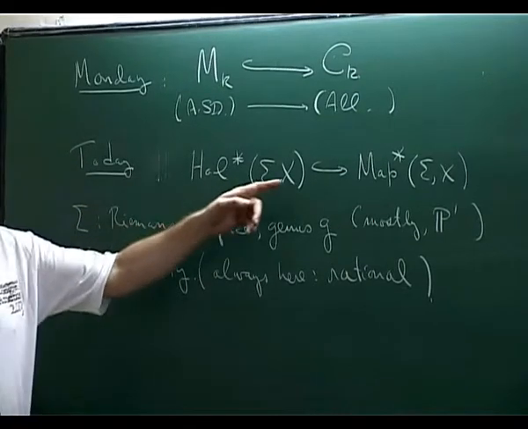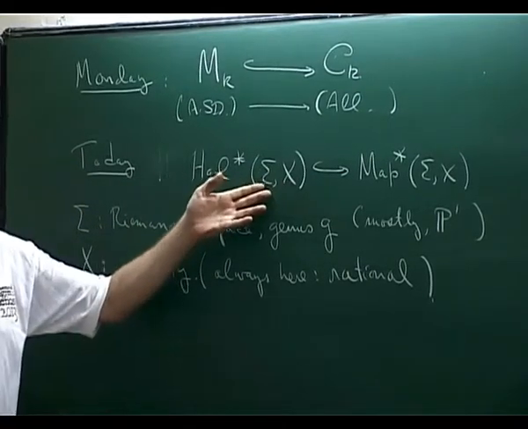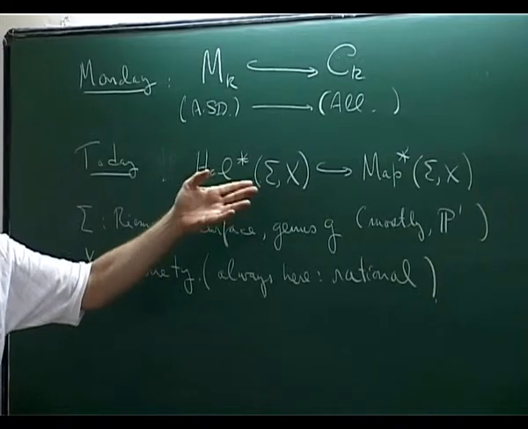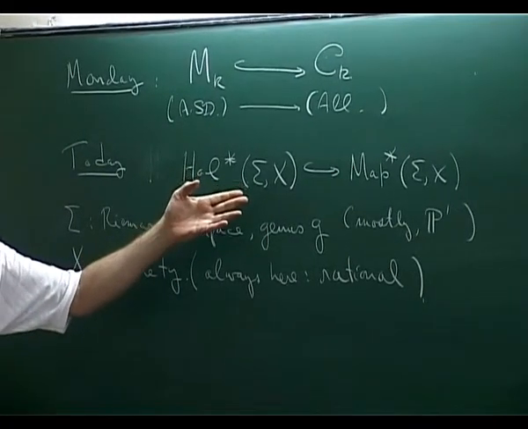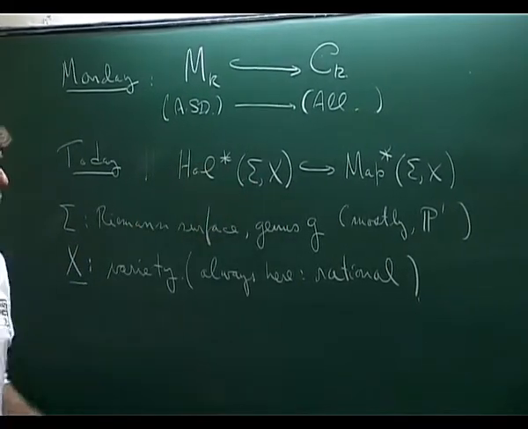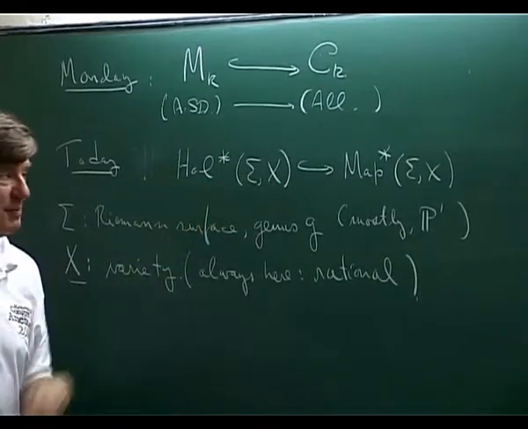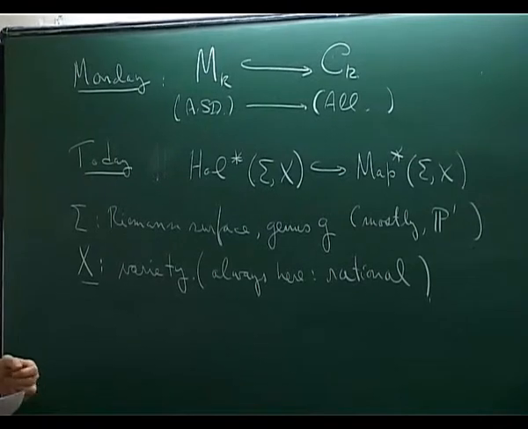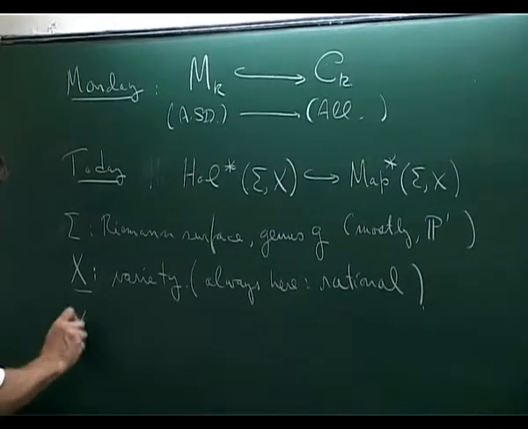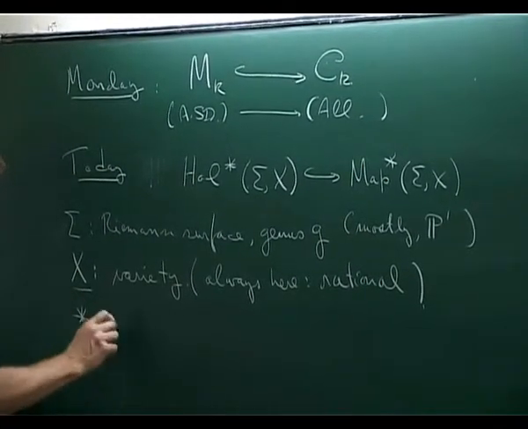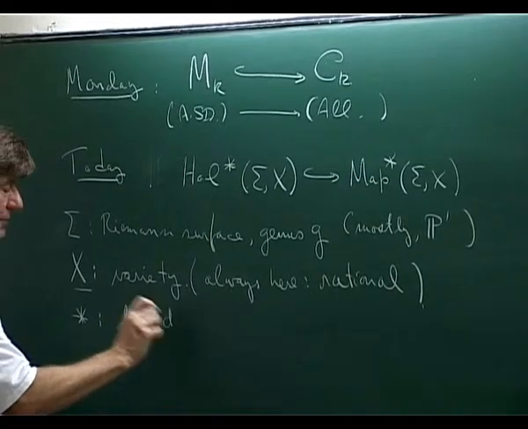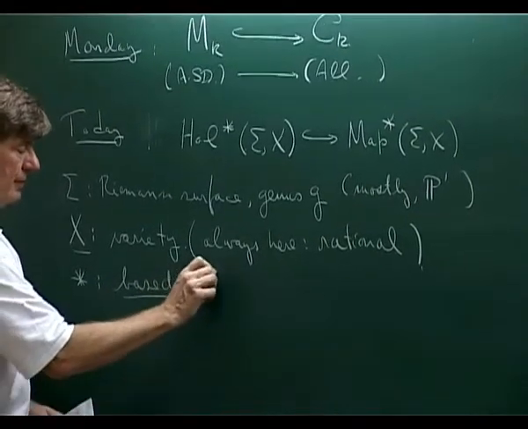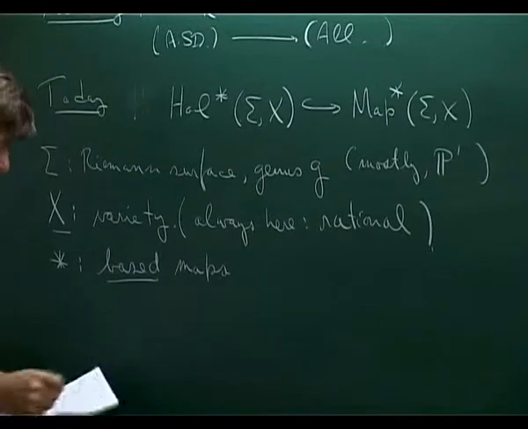The reason, basically, is if you want to study this space, you want there to be lots of maps. And the space where you'll find lots of maps will typically be a rational variety. Star just means these are base maps, so they take a base point to a base point.